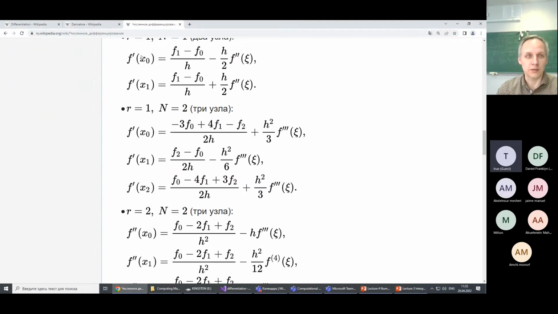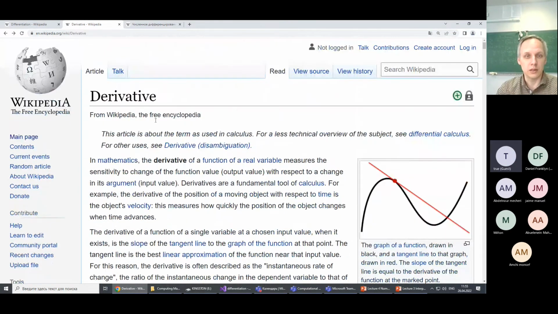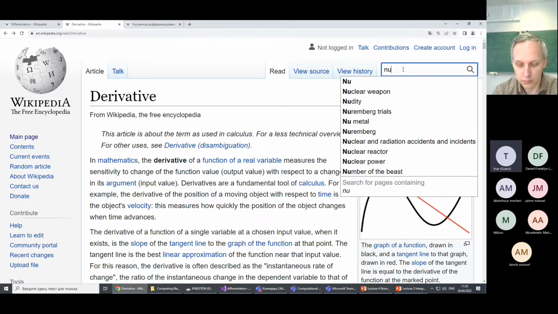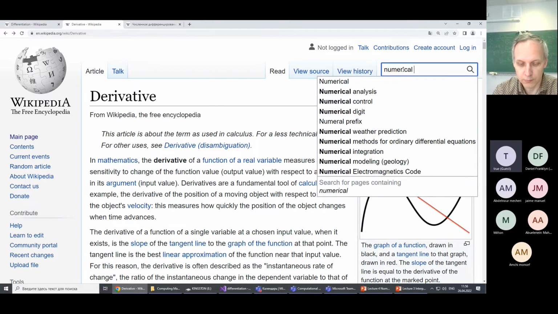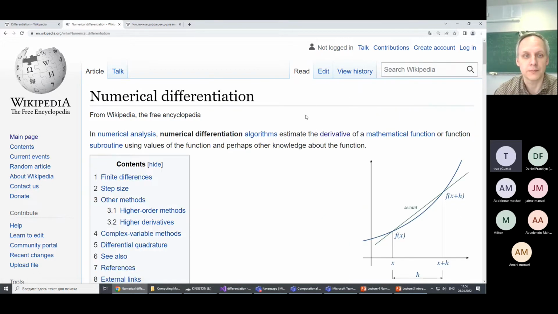Here I found it in Russian, but you can find it in English when you open the page related with derivatives or numerical differentiation.